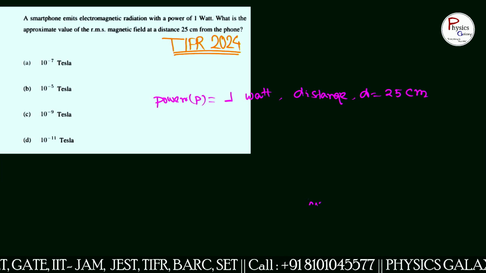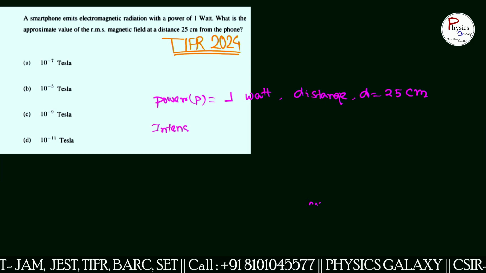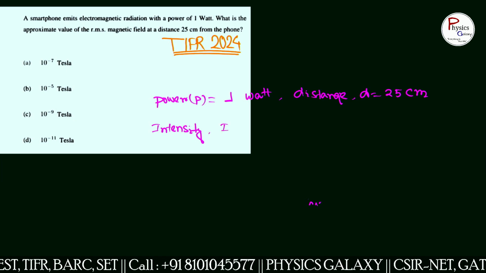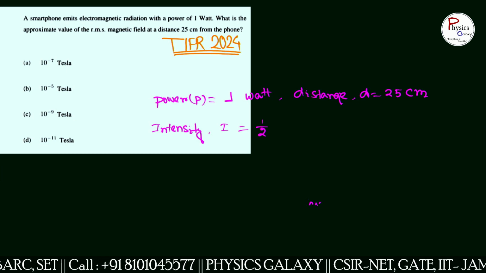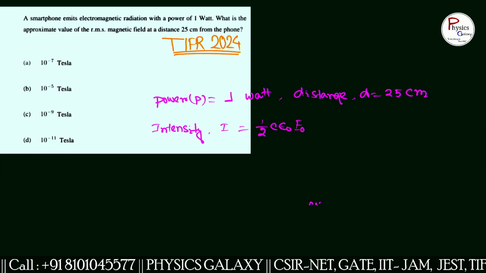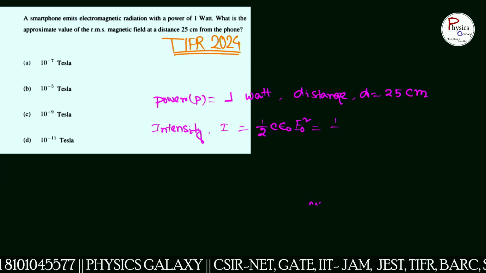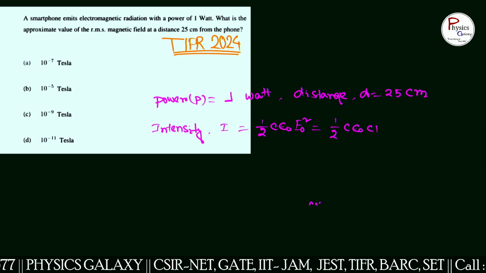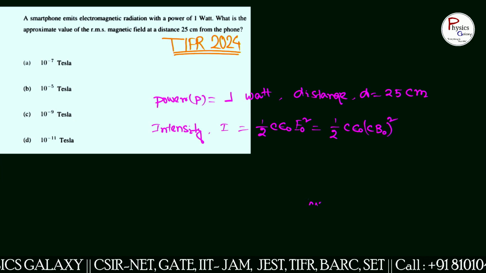and we know that the intensity I equals half of C epsilon 0 E0 square for free space, and in the form of the magnetic field it is half of C epsilon 0 into CB0 whole square.